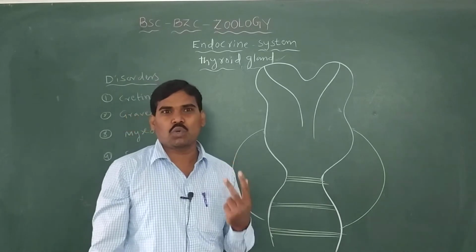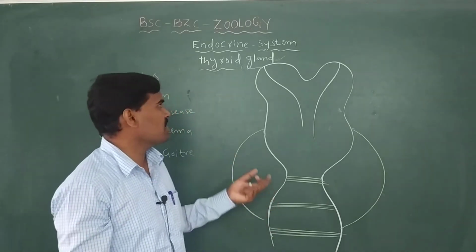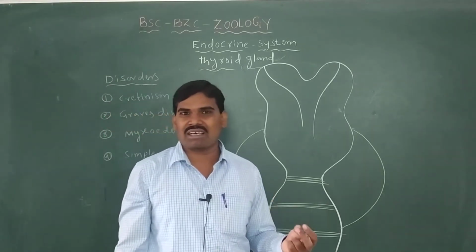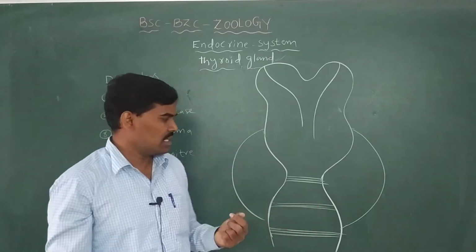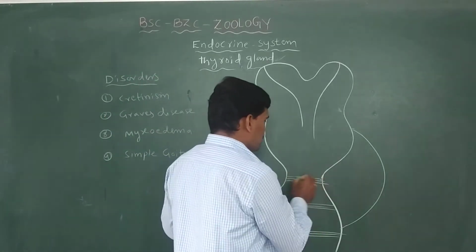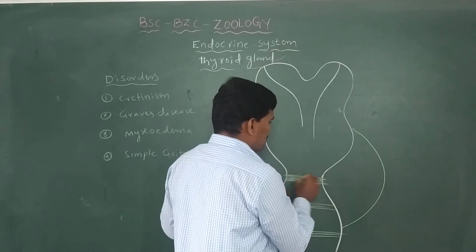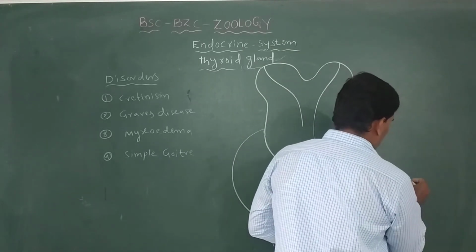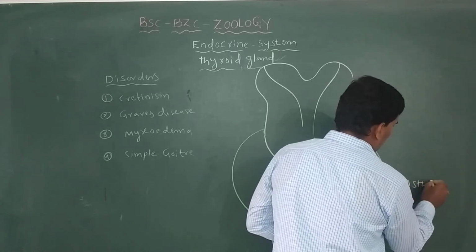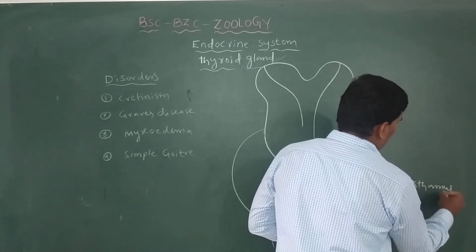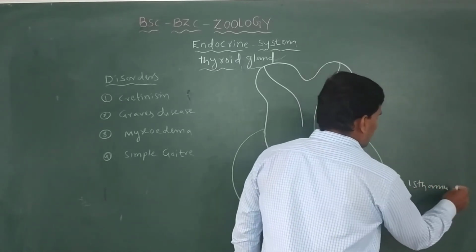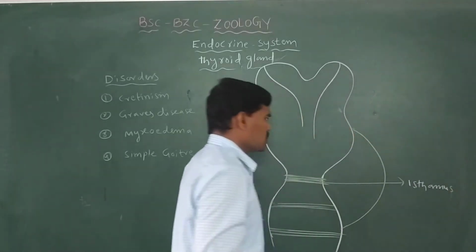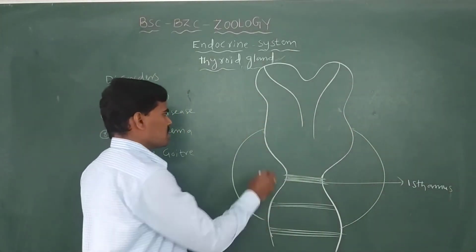The two lobes of the thyroid gland are connected by the isthmus part. This is the isthmus, connecting the two thyroid gland lobes.